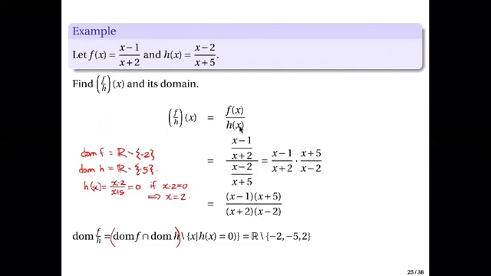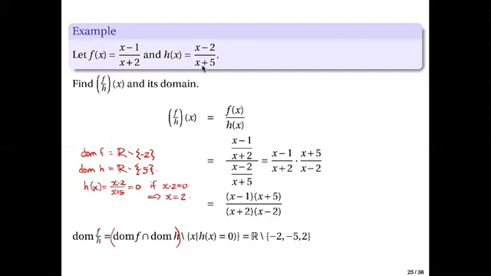And since, again, h of x is a denominator, you remove that. Because if you included 2, it will mean your denominator will be 0. And you don't want that. So those are the 3 numbers that you need to remove. The -2 came from the function f, the original function f. So you have to remove that. The -5 came from the function h.